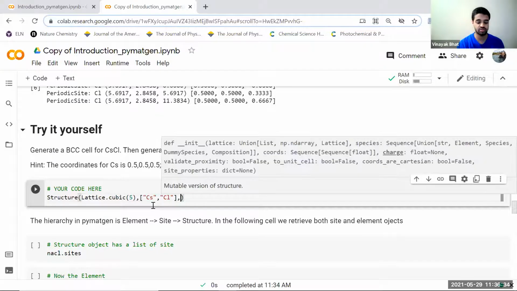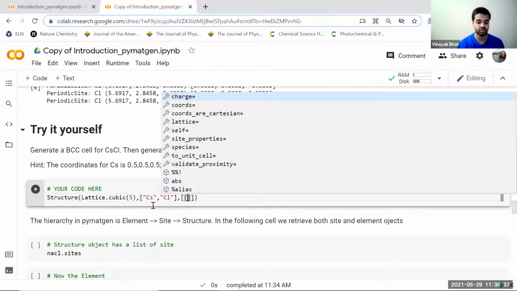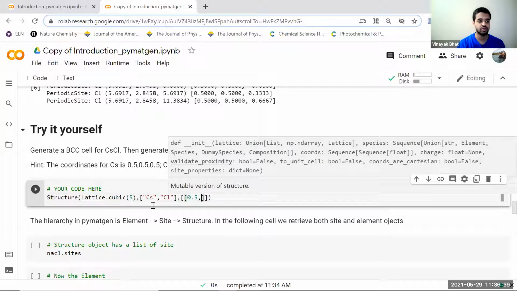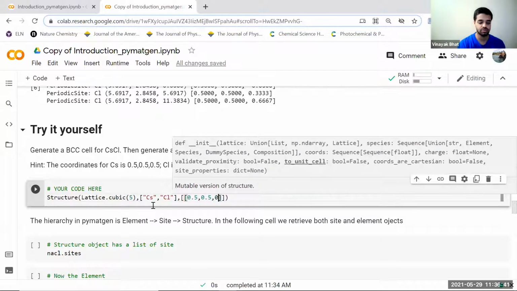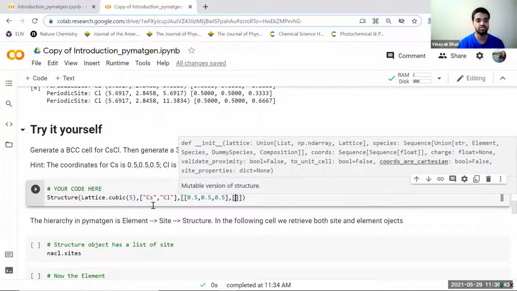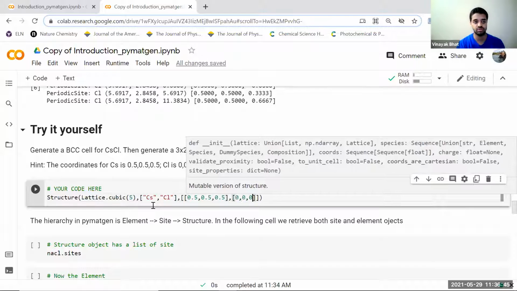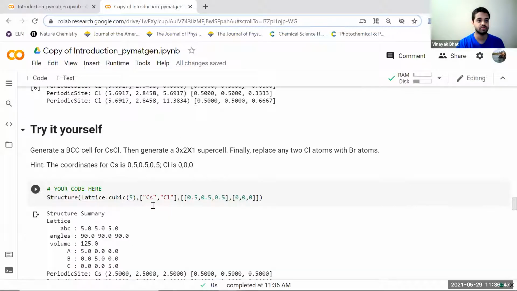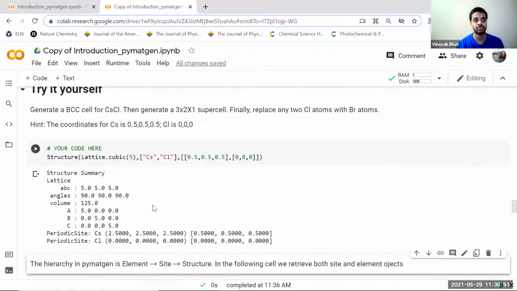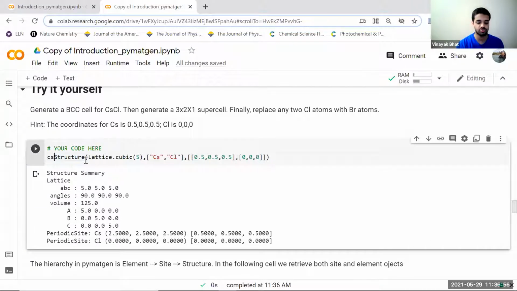We need this, and we need the relative coordinates for them. So 0.5, 0.5, 0.5, and then the second would be 0, 0, 0. Hopefully it works. So this is your cesium chloride structure.